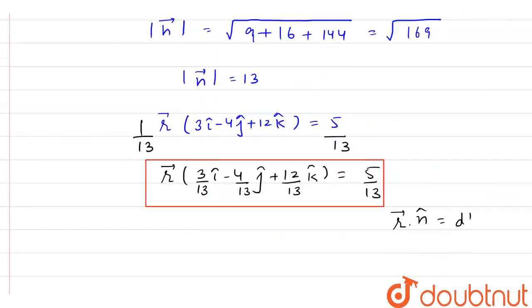If we compare this equation with the normal form, we can say that d dash equals 5 by 13, and hence this is the required distance and this is the required equation, and this is our answer.